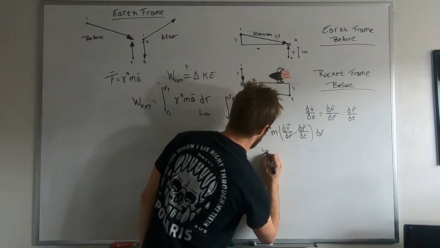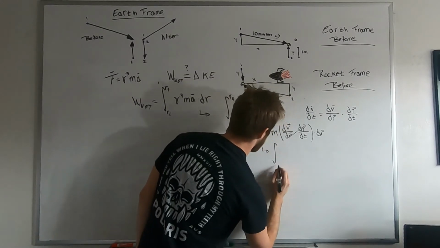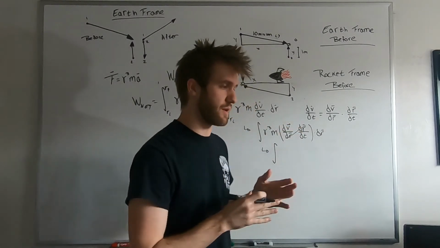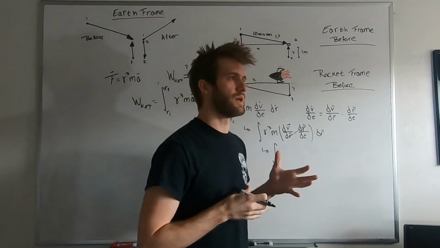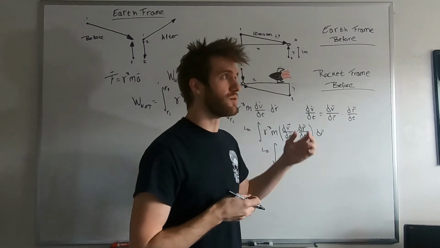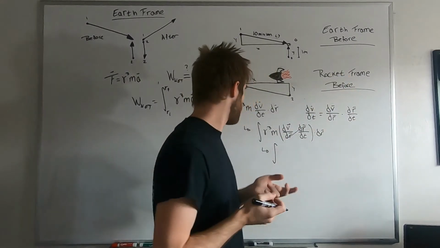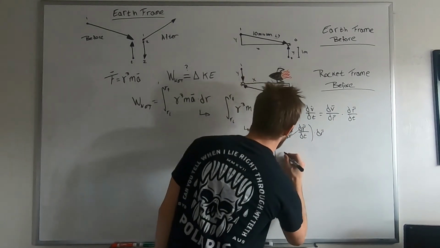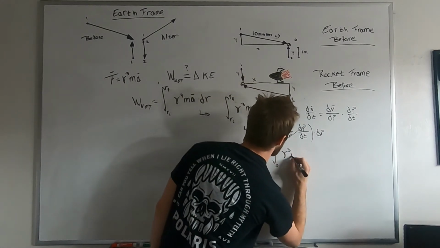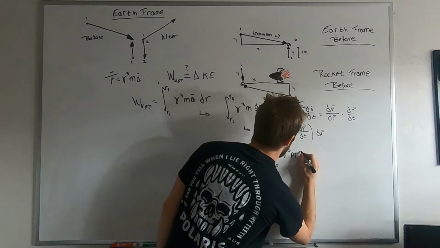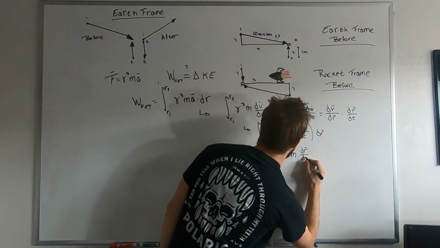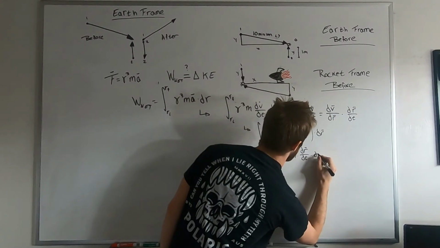So we're going to have our integral from, now we're focusing on the limits for our velocity. We're starting at some velocity which is 0 to some arbitrary value, right? So that's what we're going to be starting at. So 0 to v, where we have gamma cubed m times dr over dt times dv.